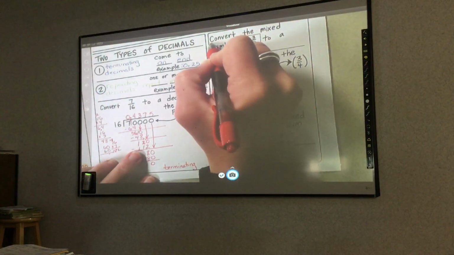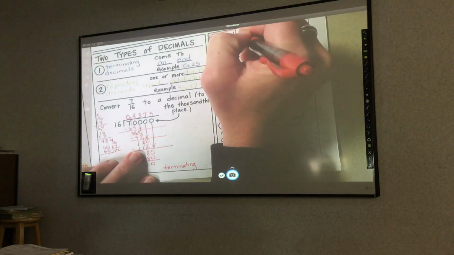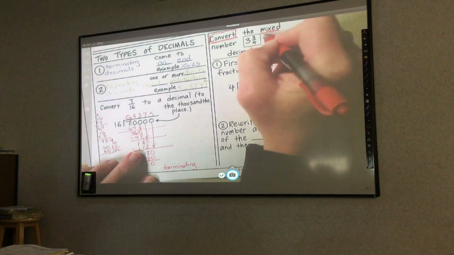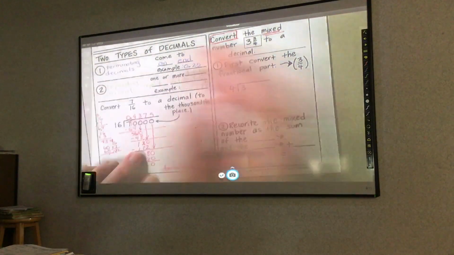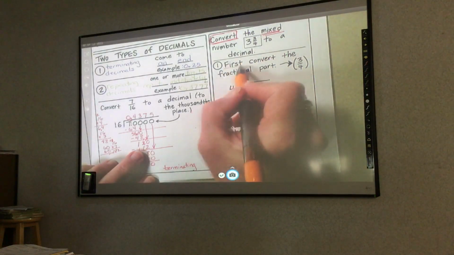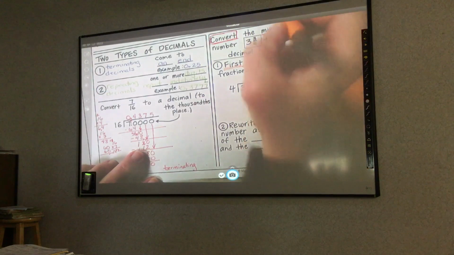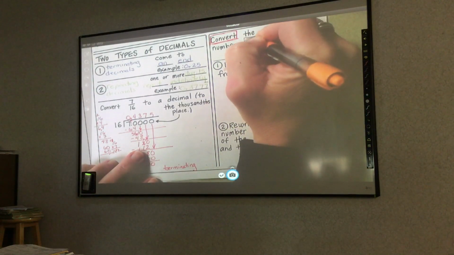I want you to put a box around this, converting the mixed number to a decimal. First, convert the fractional part. Okay, am I doing anything with my 3, my whole number?